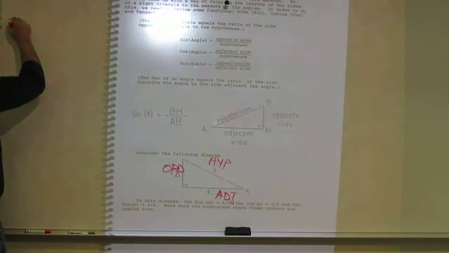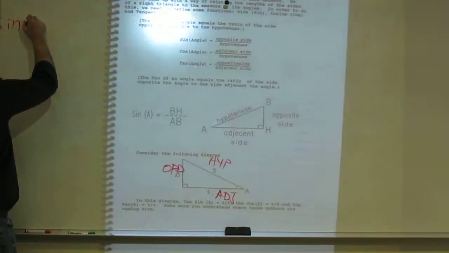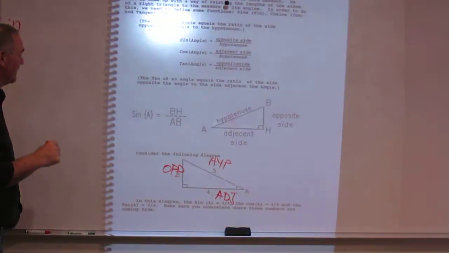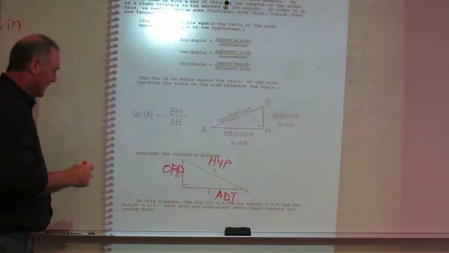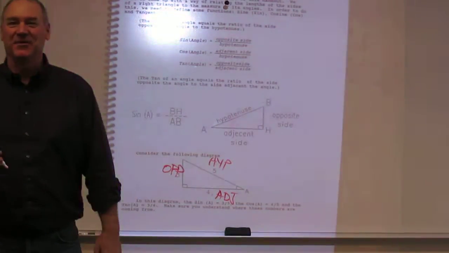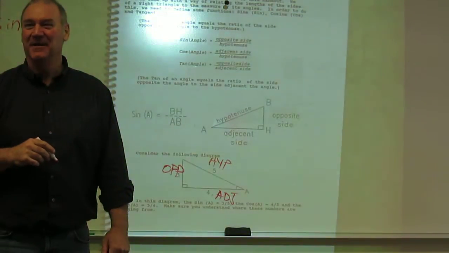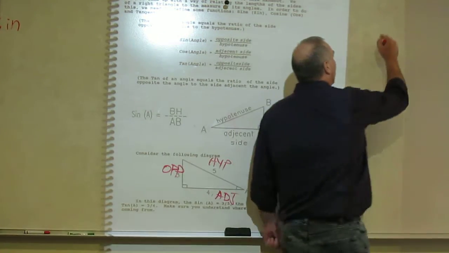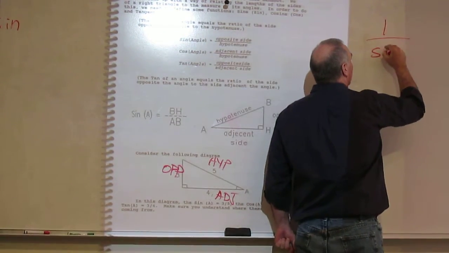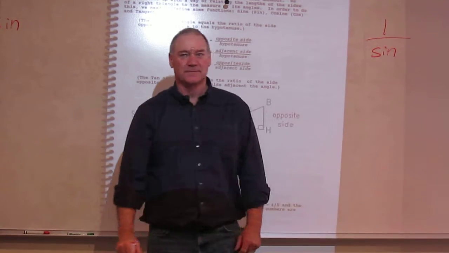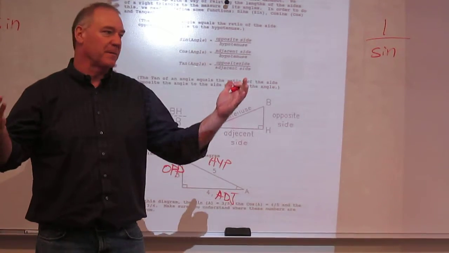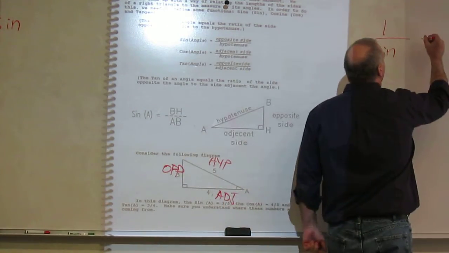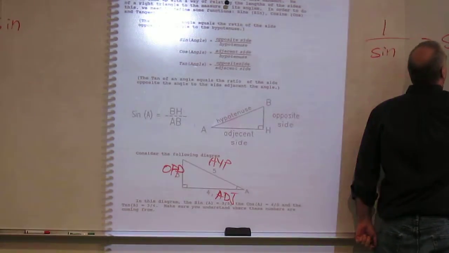Okay, now let's prove that this works. I want to know what this angle is, so I'm going to do the sine of... now I've got to come into arc sine. We need to do one other definition here. We've got to do what an arc sine is. If I have 1 divided by a sine function, which, remember, is just a number, a proportion of two sides together, we will see this written as sine to the minus 1.